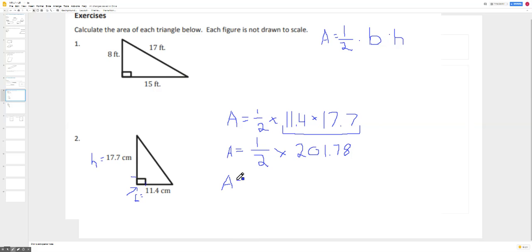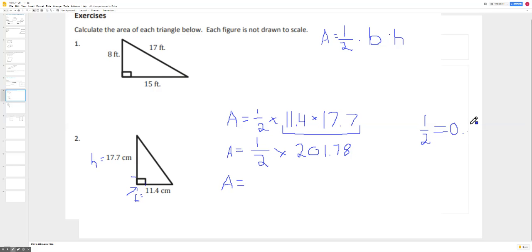All right, so now we're going to multiply the half times 201.78. Well, remember, this is a fraction. We don't have this in our calculator. Now, you could divide 1 divided by 2 to get the decimal, or hopefully you recognize that 1/2 in decimal form is simply 0.5. I'm going to write this on the side just to remind you.